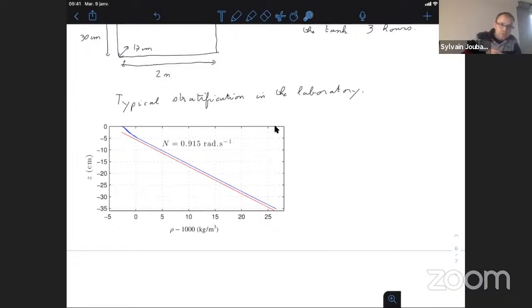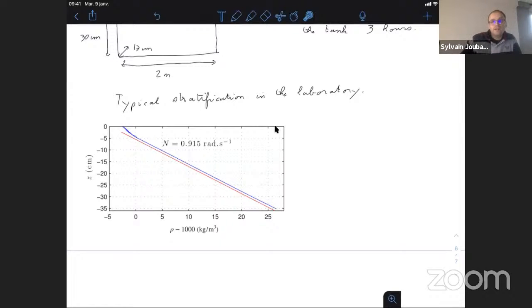To answer the first question, the diffusion. This stratification is very stable, and we don't have any problem of diffusion except in two regions: near the surface, where you can see already that you have some mixing and the stratification is more homogeneous.